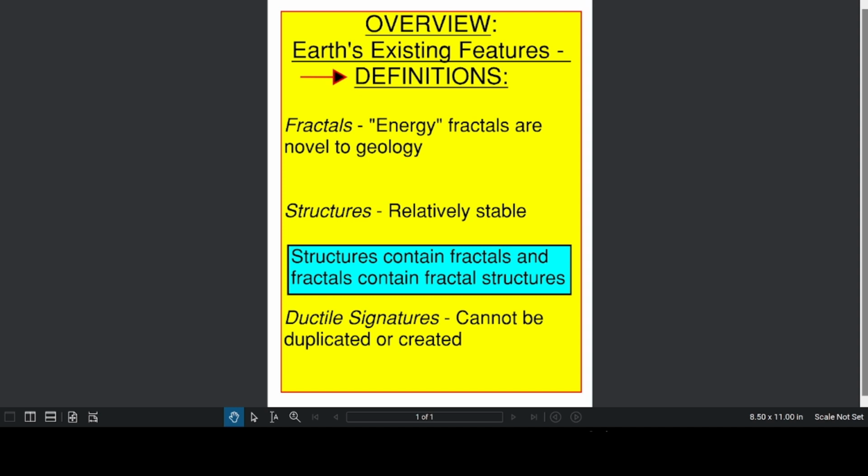All right, so in this case, what I'm looking at in this study is something totally novel. I've never seen anybody talk about this or see these things, and I'll describe how to see them, what they are exactly. But these energy fractals represent reaction to energy such as tectonics.